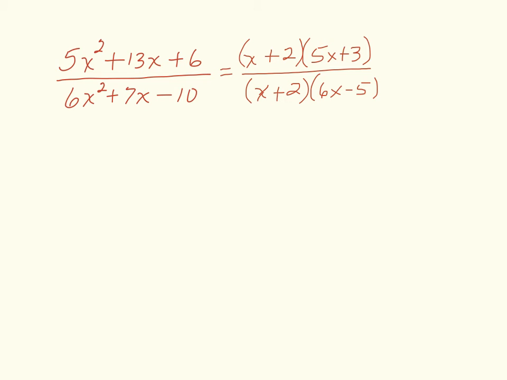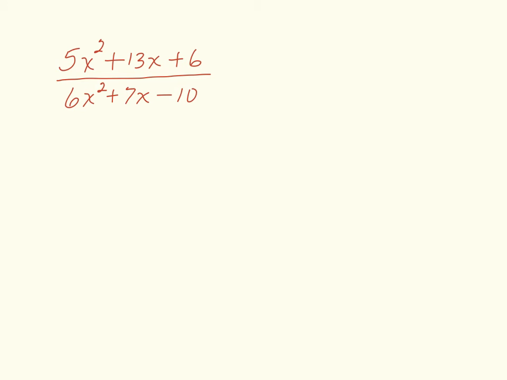Okay, I'm not here anymore to show you how to factor. That was the last chapter. Now the x plus 2's cancel, and you're left with 1s there. So the simplified expression is 5x plus 3 over 6x minus 5. You cannot cancel anything else.